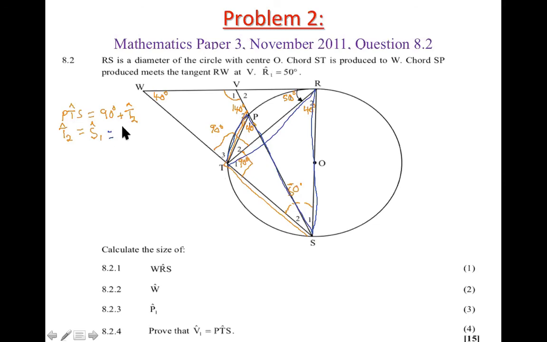Then we can say that PTS is also equal to 90 plus S1. So PTS is equal to 90 degrees plus S1. This is an excellent observation. Because actually it's not an assumption, it's because T2 is equal to S1.